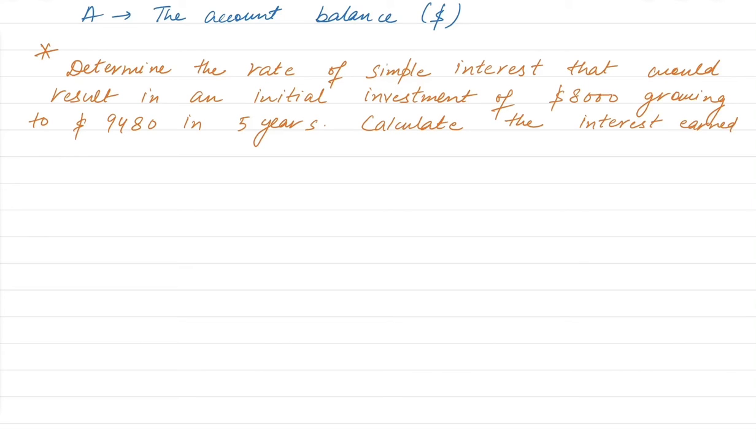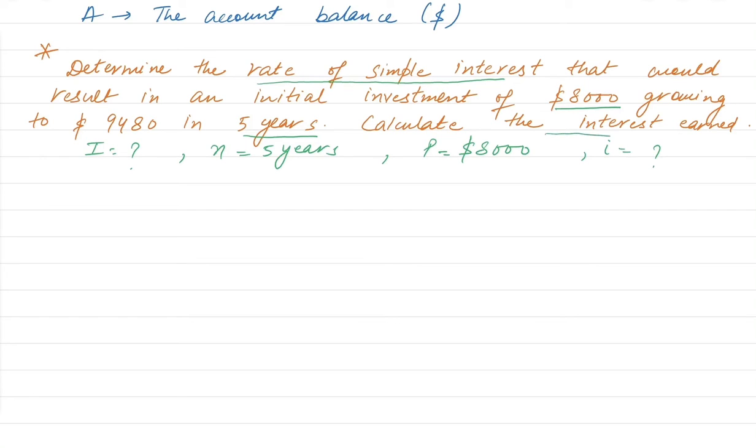Calculate the interest earned. Here we need to calculate the interest earned, capital I, and the rate of simple interest. N is 5 years, which is the number of periods. The principal amount, as I said, is 8,000. So write principal amount $8,000, and the interest rate we need to calculate.